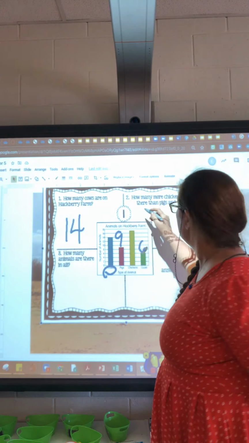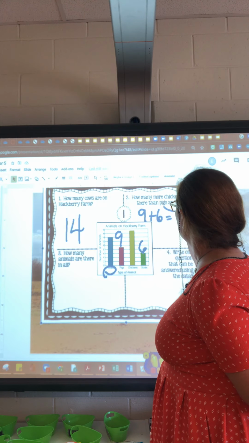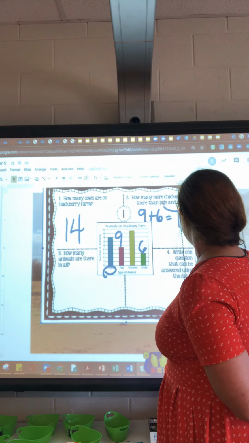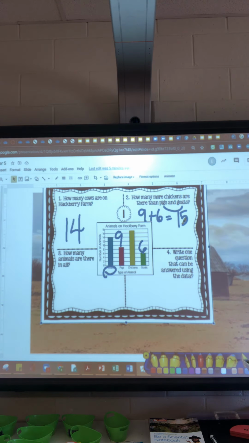So I have to add pigs and goats. 9 plus 6 equals, well, 9 and 6 is just like a 10 and 5. I trade 1 left over from the 6 and make a 10 with it, and then add 5. So 9 plus 6 is 15. So the total I have is 15.